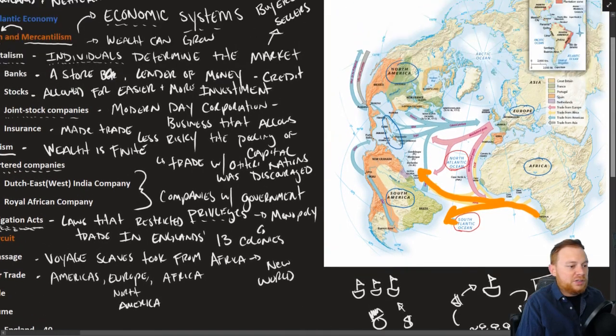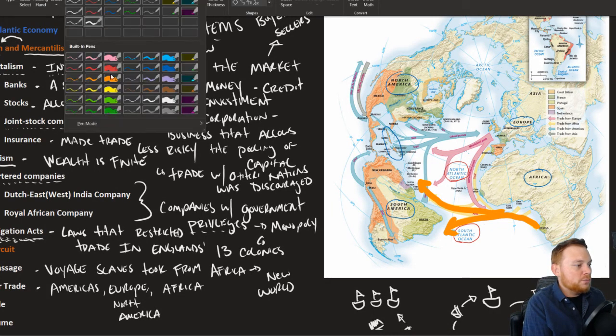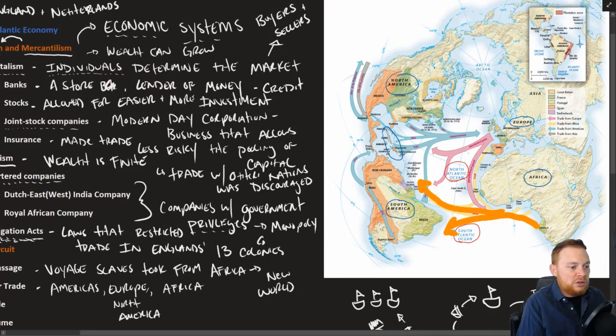So for example, let's just take sugar. When it came to sugar production, sugar for the most part was grown in the Caribbean, right? This is where sugar would have been grown. However, the labor that was required to grow sugar typically came from Africa, so that might be one leg of the trade. And then once the sugar was harvested, it would either go to North America to manufacture, or it would go to Europe for manufacturing.